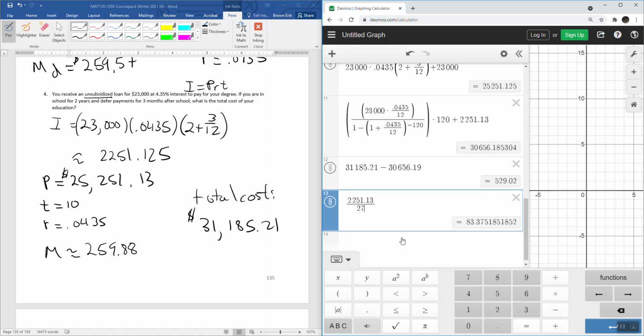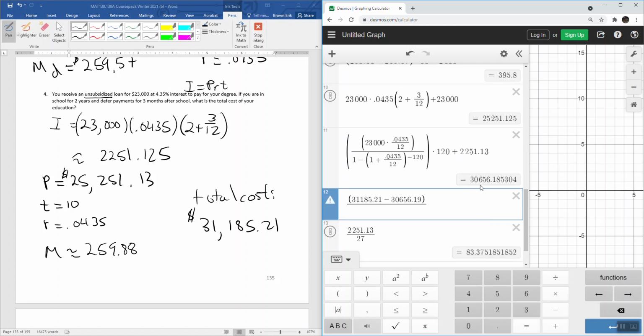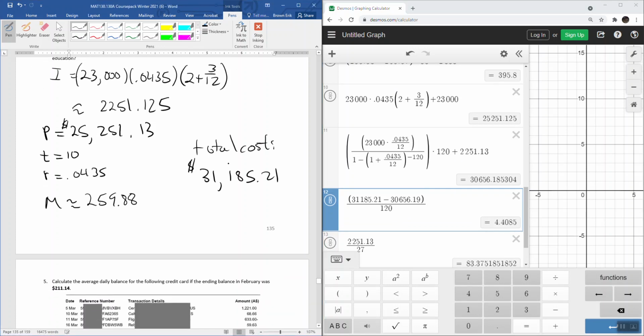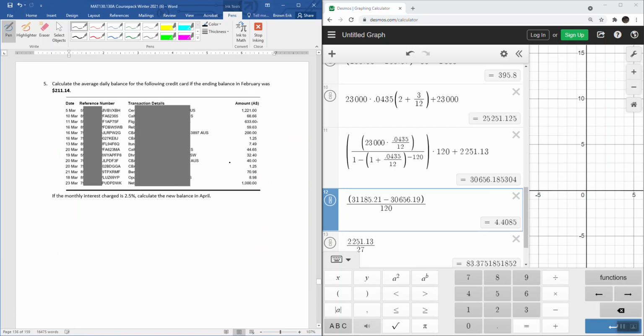So while in school, we'd have to pay $83.38 each month in order to save $529 over a 10-year period. If you divide this by 120, you're saving $4.41 a month over that time. I don't know that that's worth it, especially since students are often strapped for cash while in college.